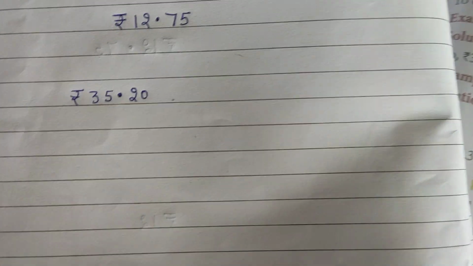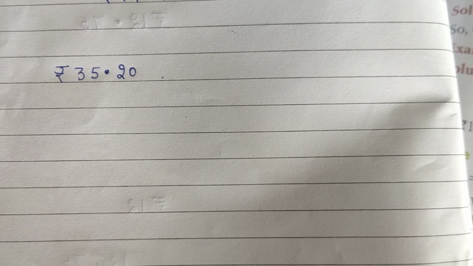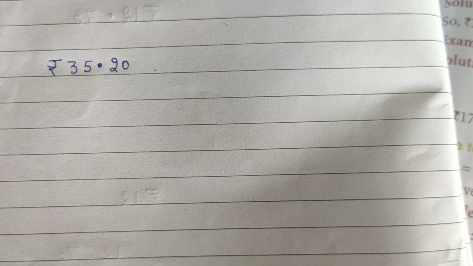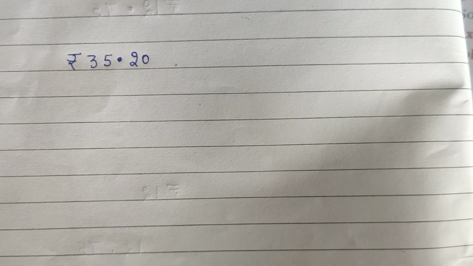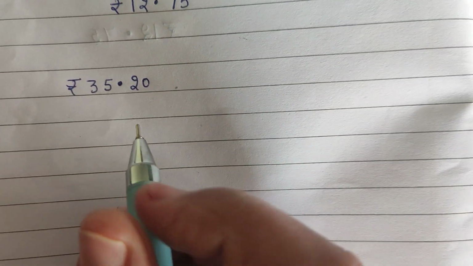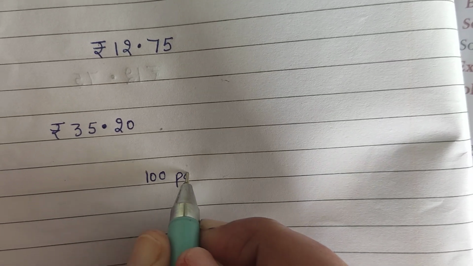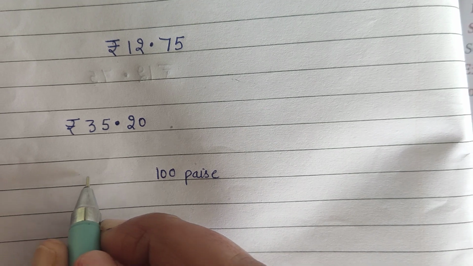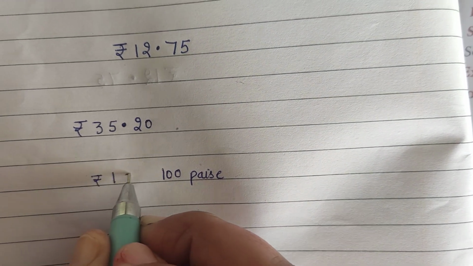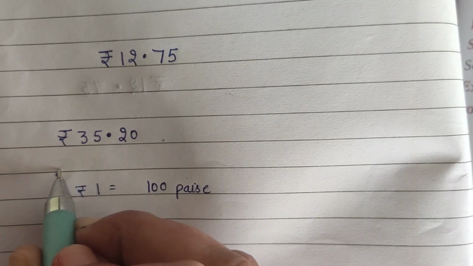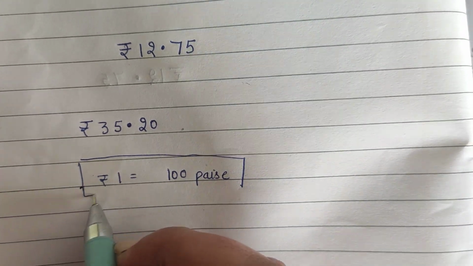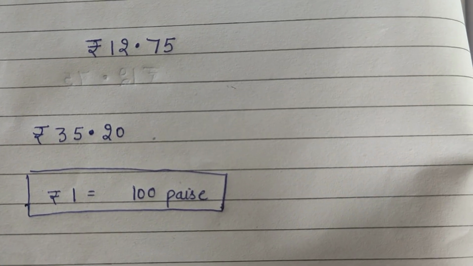So in this way we will represent money as a combined form of rupees and paisa. Now we all know that there are 100 paise in 1 rupee. So by using this formula we can easily convert rupees into paise and paise into rupees.